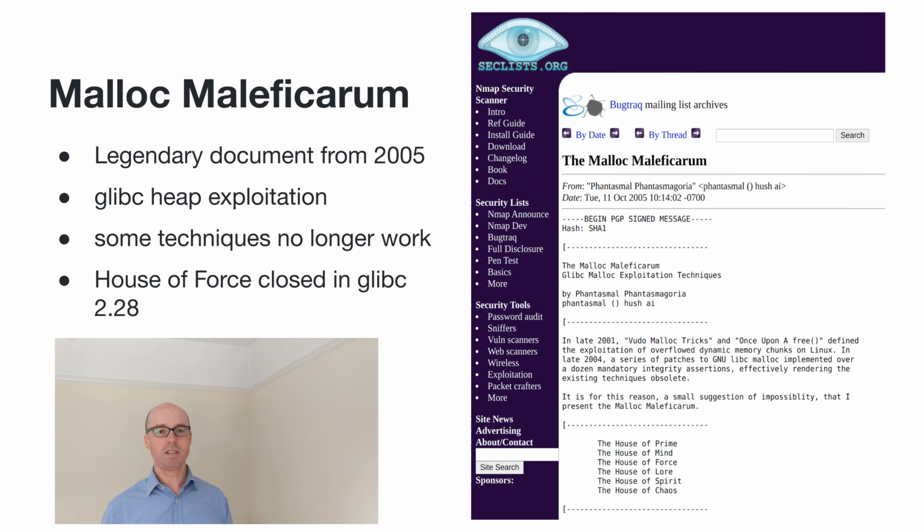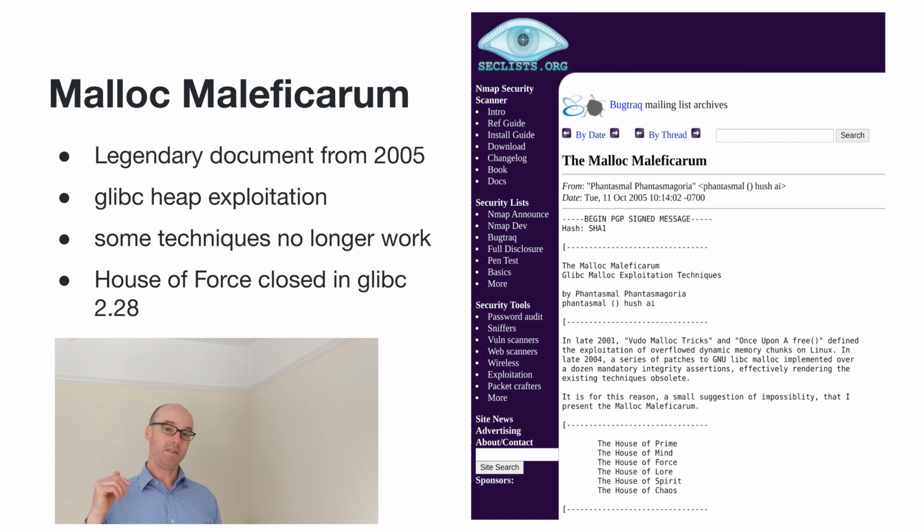Unfortunately, some of these techniques no longer work. Over the years, checks have been added to the malloc implementation to prevent some of these techniques from working. And that's the reason for the title of my talk, because unfortunately the house of force is going to no longer be a viable technique from glibc version 2.28 onwards.